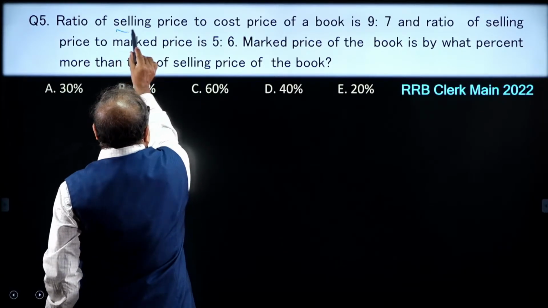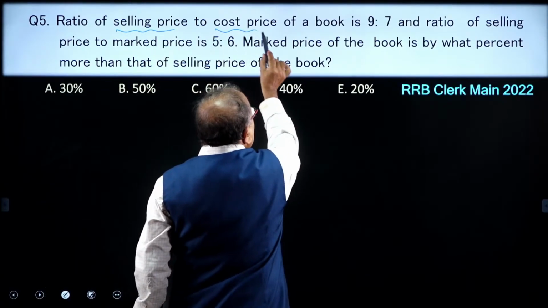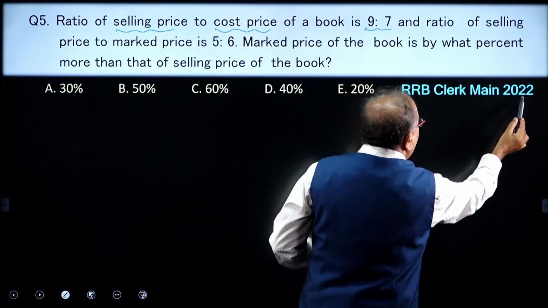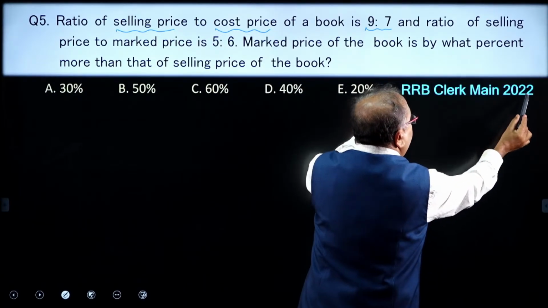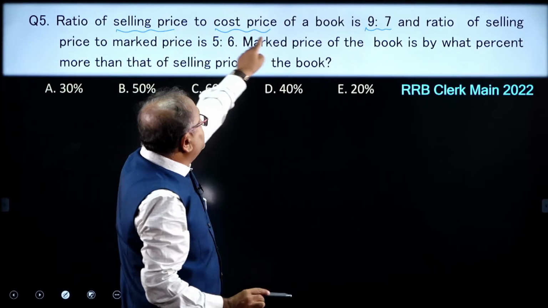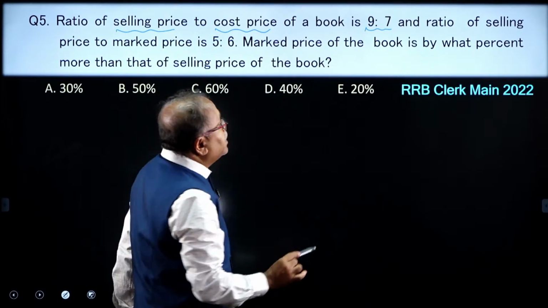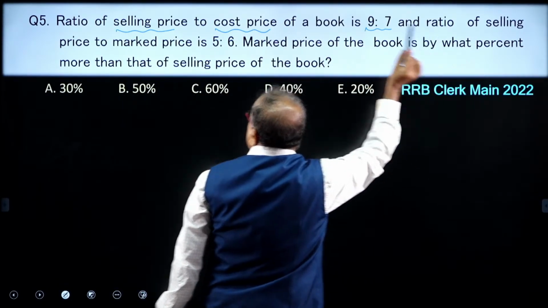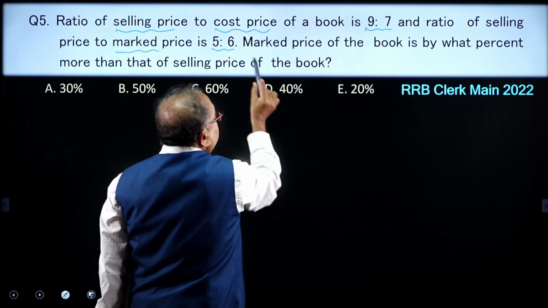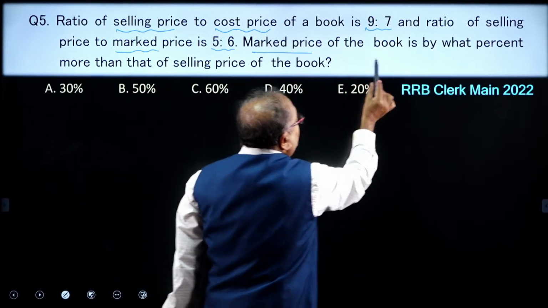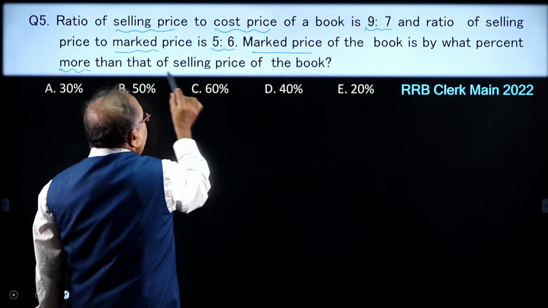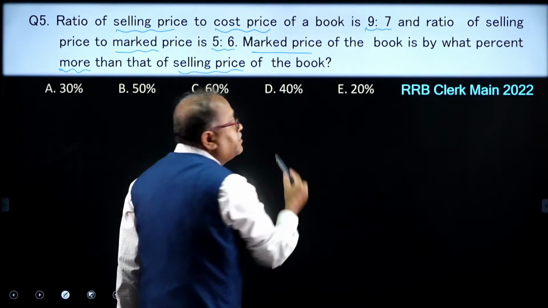The selling price to cost price ratio is 9:7, and the ratio of selling price to marked price is 5:6. The marked price of the book is what percentage more than the selling price of the book?